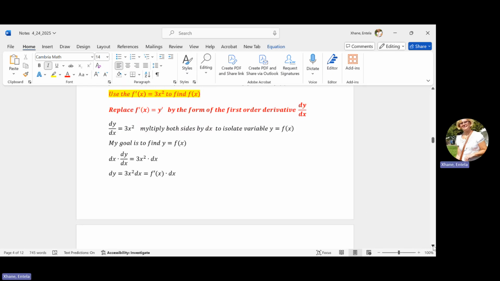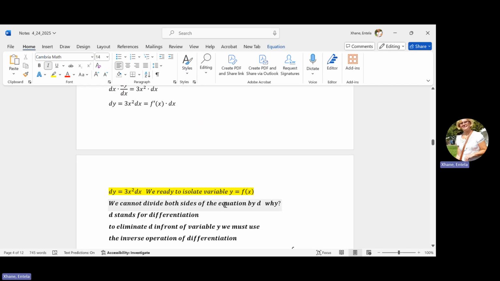And now I need to find the y. So isolate the y, isolate the f of x. Now, isolating the y is not the same as isolating when you have a normal equation. You have 2x equals 6, and then you divide both sides by 2, so you can find the variable x.